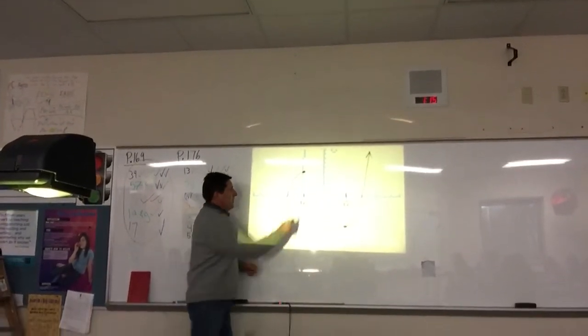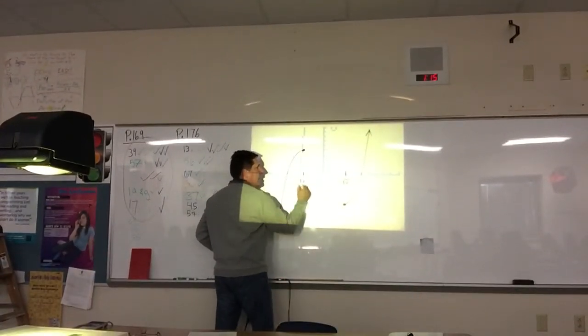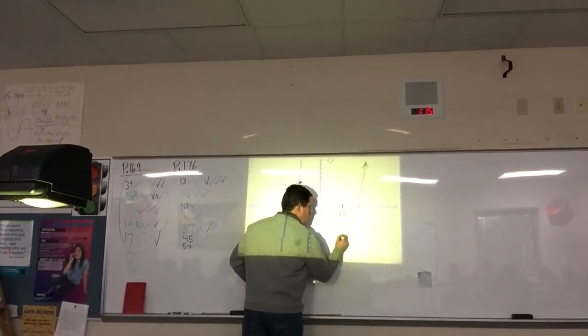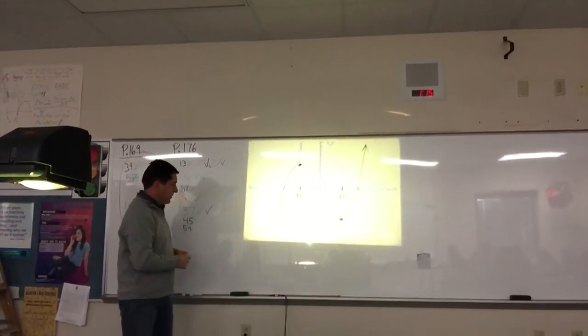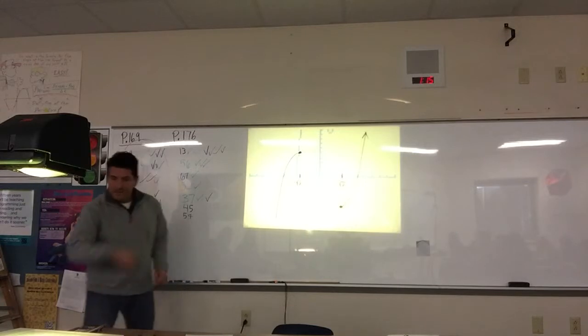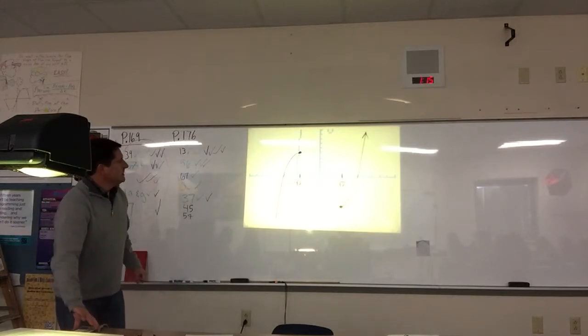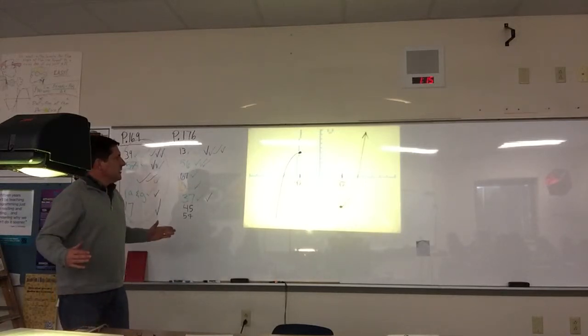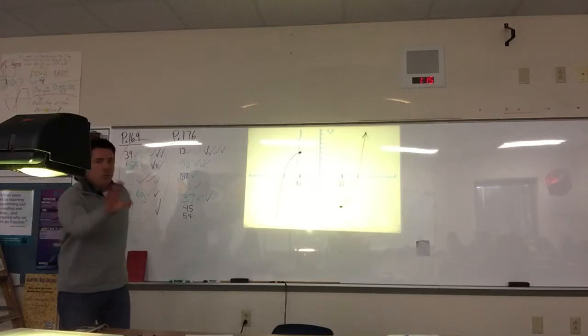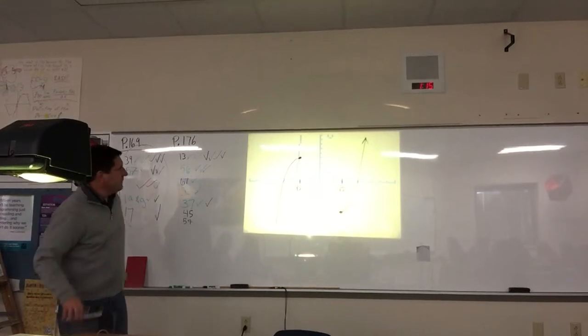See what I did there? I just brought this down. This is where the x was. That's where the maximum and the minimum occurred. We'll put it back once we graph it.